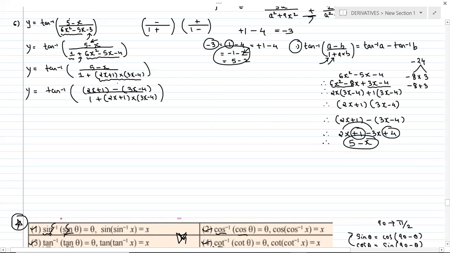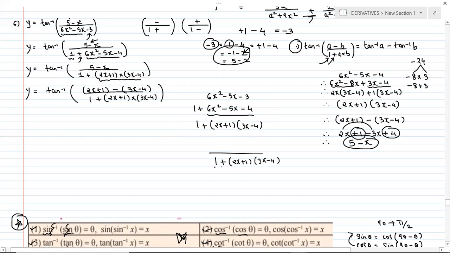Okay, so I hope you understood what exactly we did for this sum. It is very simple. Just see the quadratic equation. Break this number minus 3 with respect to 2 plus 1. Then after that you will solve this quadratic equation by using splitting of middle terms, where you will get 2x plus 1 and 3x minus 4. So clearly we can see that in the denominator we are getting 1 plus 2x plus 1 and 3x minus 4.